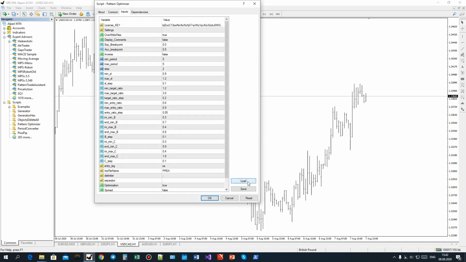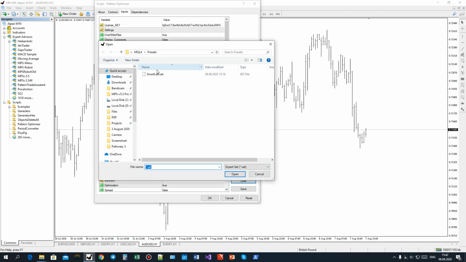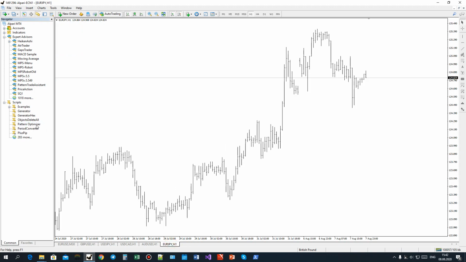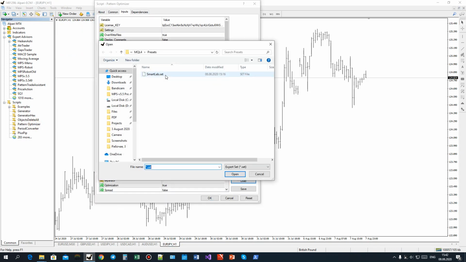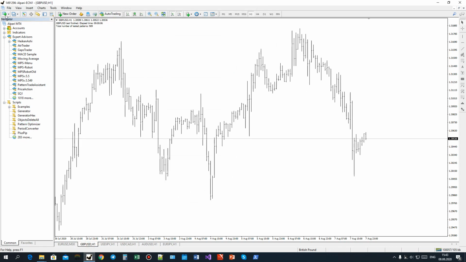Pattern optimizer, load, smart lab. Okay, Aussie dollar. Pattern optimizer, load, smart lab. Okay, and Euro yen. Pattern optimizer, load, smart lab. Okay. So it looks like pound dollar was finished.